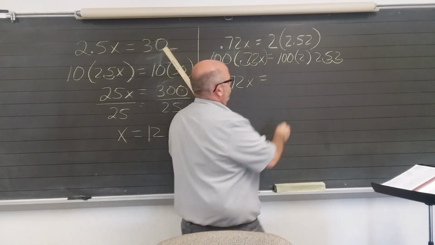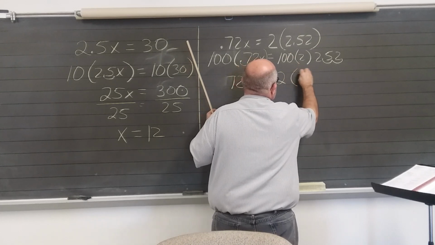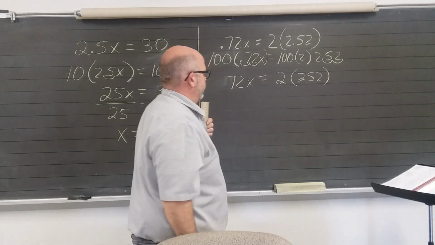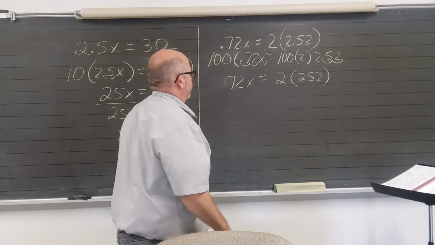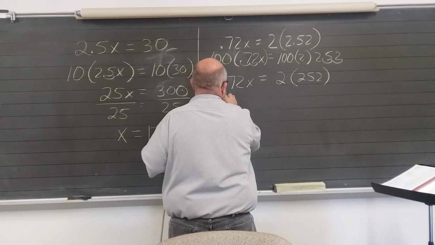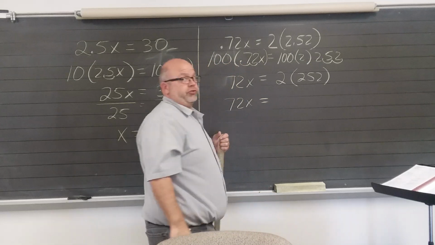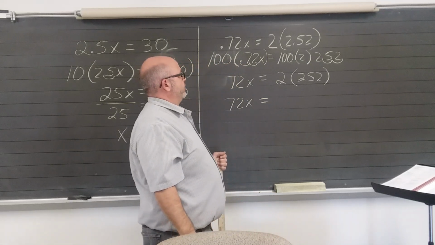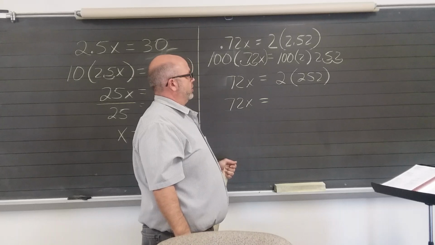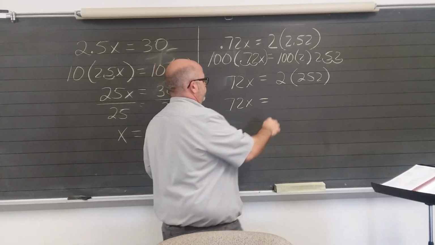2 times 252. Okay? So what is 252? Keep this the same. 72x equals 252 times 2 is what? 252 times 2 is 504, right?